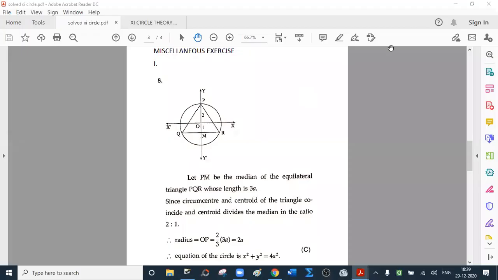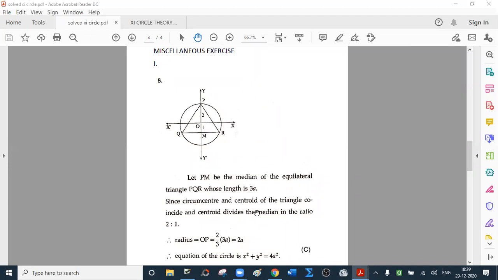Sum number 8. The equation of a circle with origin as center and passing through the vertices of an equilateral triangle whose median is of length 3a. Now listen to me carefully. This is the triangle. Let PM be the median of the equilateral triangle whose length is 3a.